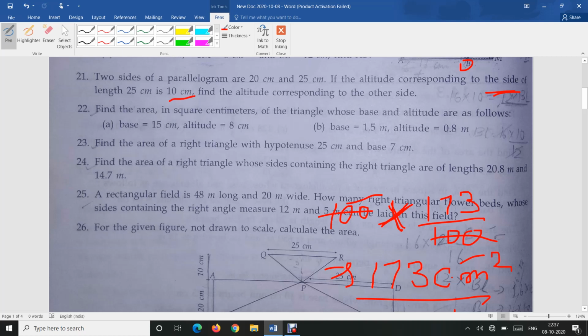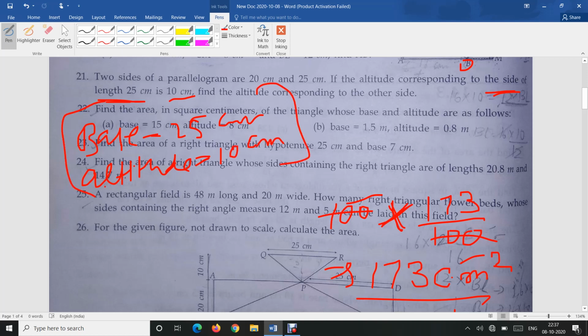There is one thing: when the base is 25 centimeter, then the height, or you can say altitude, is 10 centimeter. Okay, that is the first case. And find the altitude corresponding to the other side.